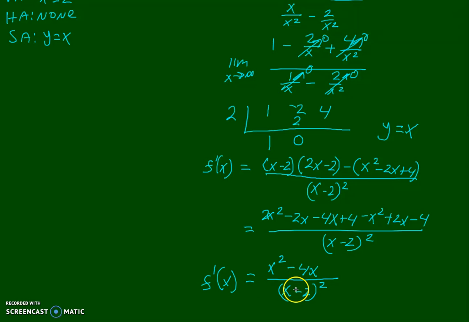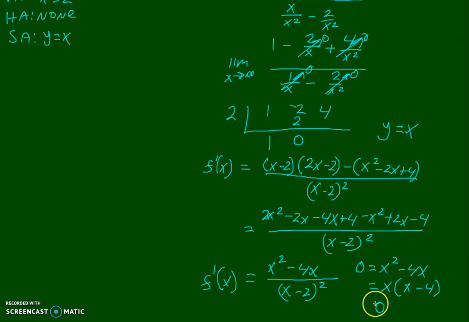So now we're going to look for our critical numbers. Critical numbers occur where the derivative is either 0 or undefined, and we can see that the numerator is 0 if we factor out an x, we have x minus 4.